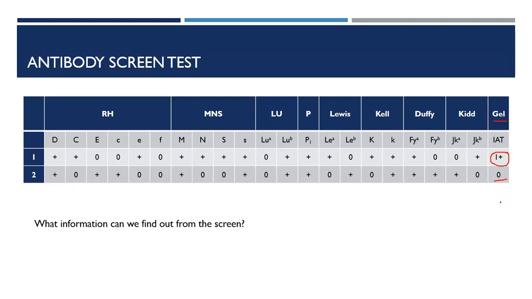Multiple antibodies will show reactivity of varying strengths.